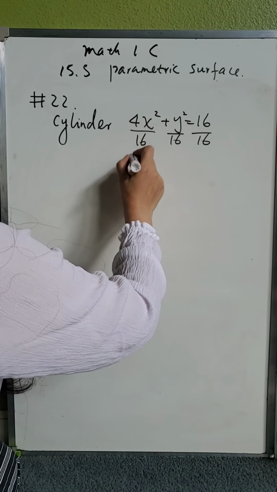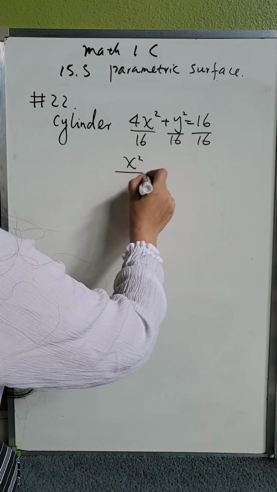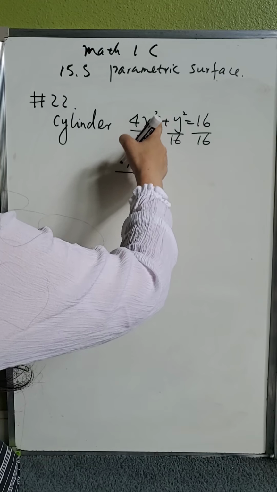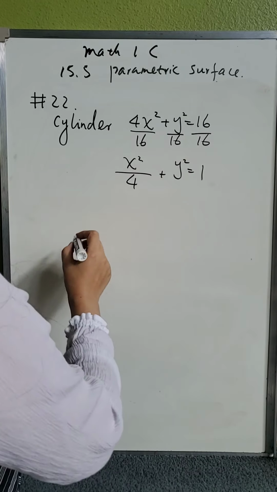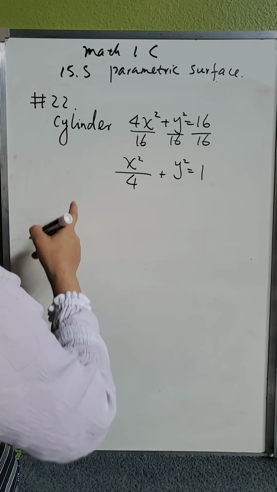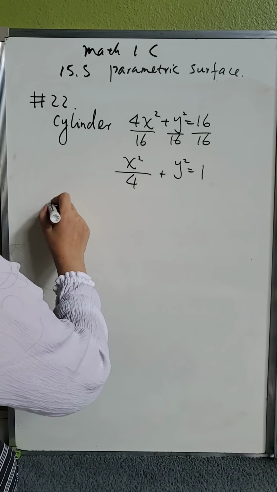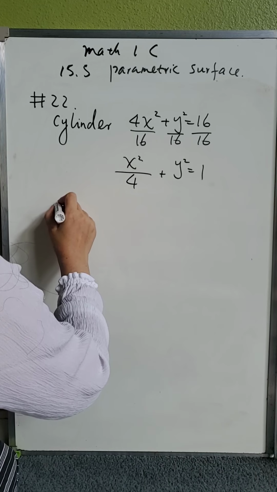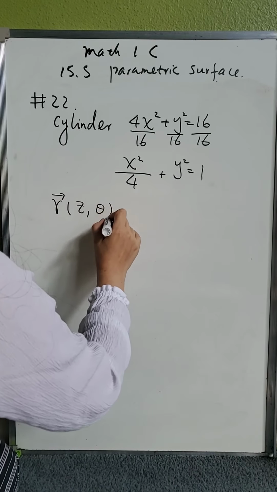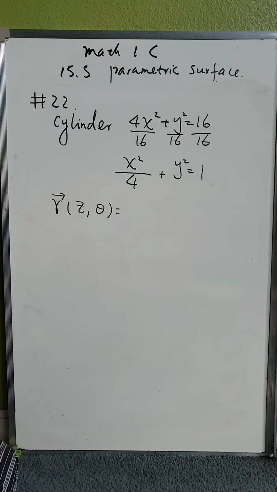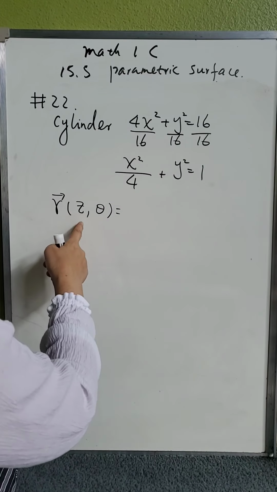That's easy for you to see what you need to use as parameter. x squared over 4 plus y squared equals 1. And then this is a cylinder surface, right? Because z is missing, therefore it will be z and theta. Theta means you're going to complete the whole xy plane, okay?